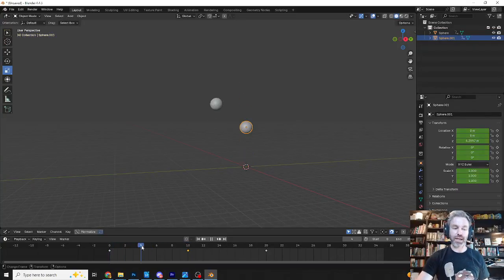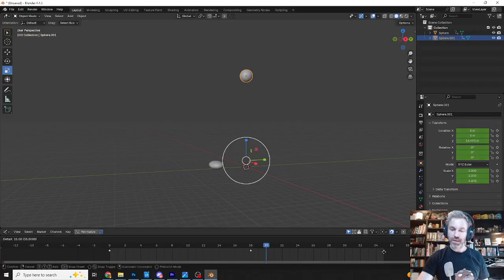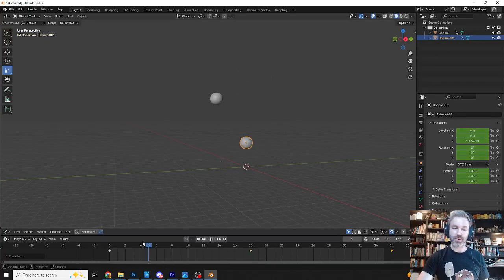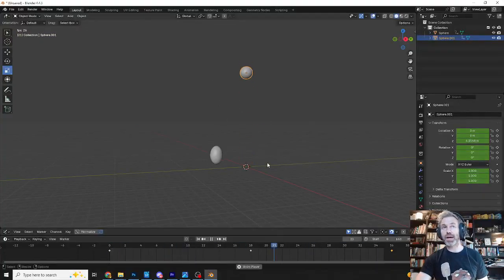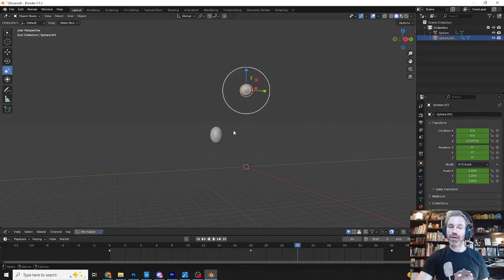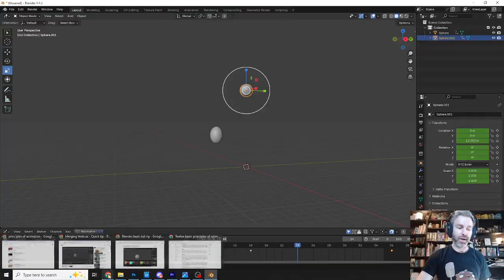Right now it's taking basically 10 frames to go up and 10 frames to go down. If I move this, now it's taking 18 frames to go up and 18 frames to go down. So I just changed the timing. That's super important. Timing is not spacing, which we'll get into later. Timing is adjusting the actual time.